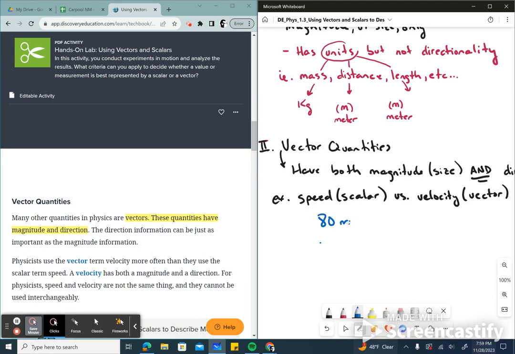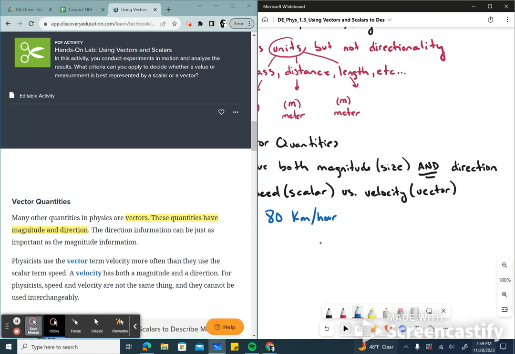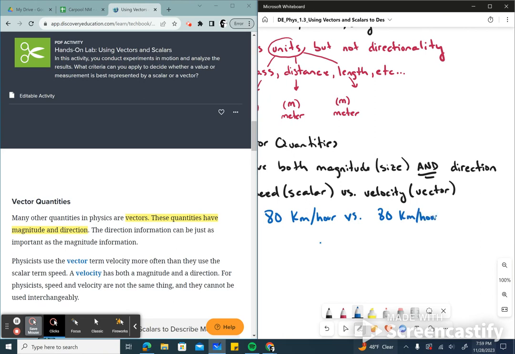We should probably say, since we're talking metric system, you're going 80 kilometers per hour, versus saying 80 kilometers per hour northbound.